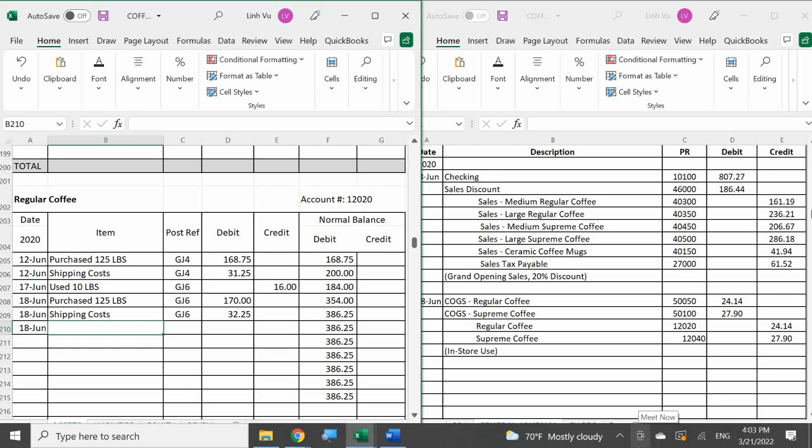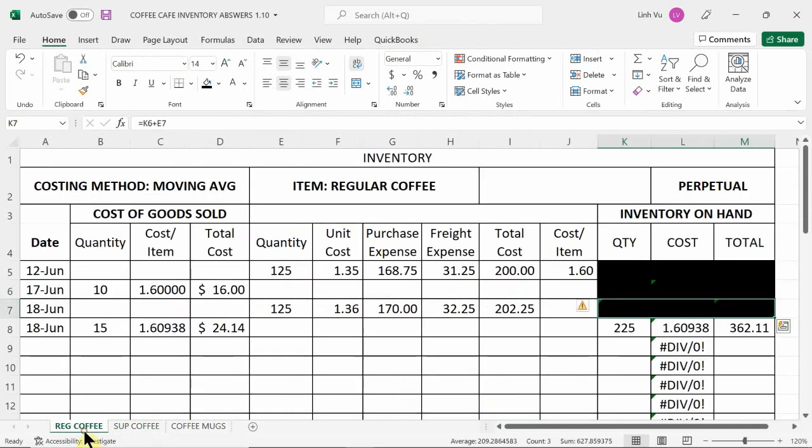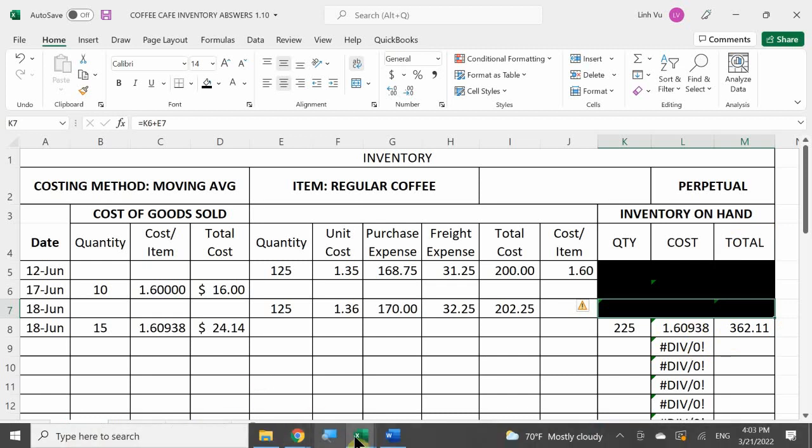I end up using 15 pounds, which cost me $24.14. Which gave me an ending balance of $362.11. Does that match my inventory worksheet? Yes, it does, because that's what I calculated it to be, $362.11.